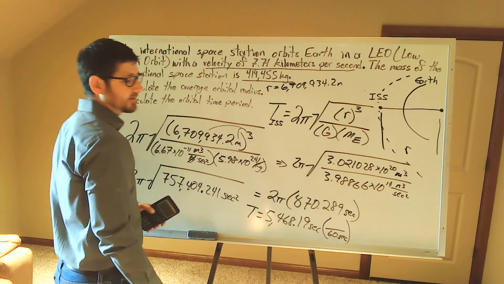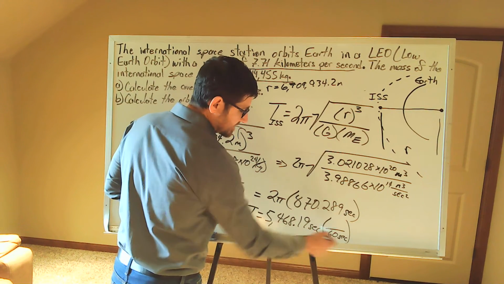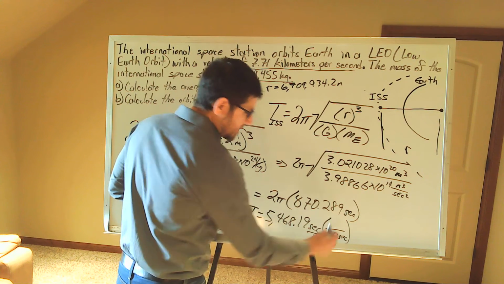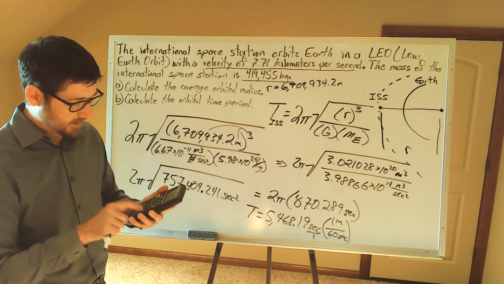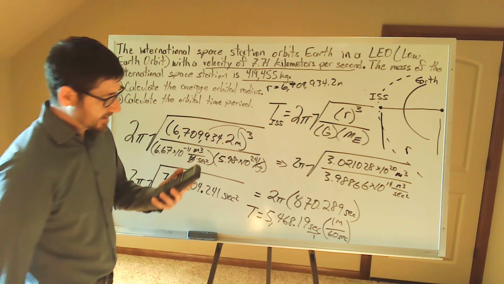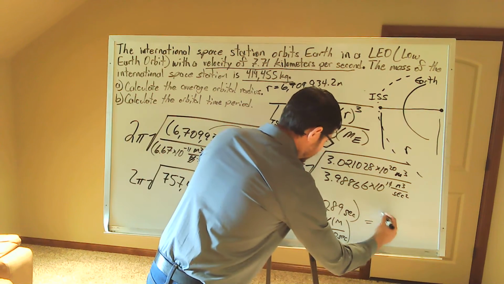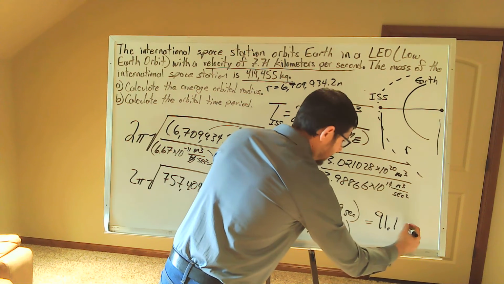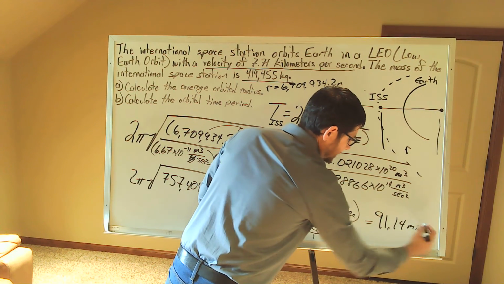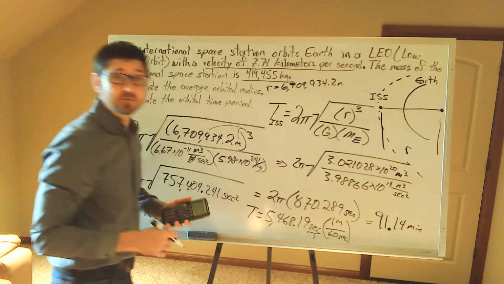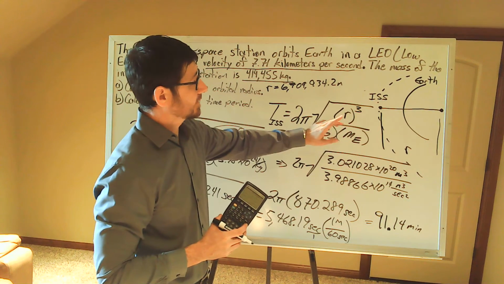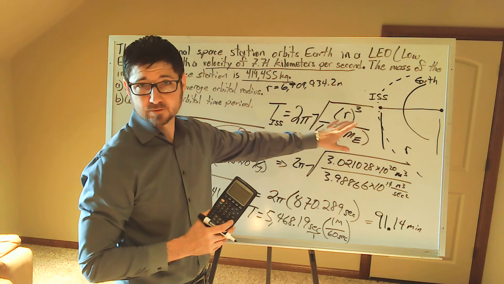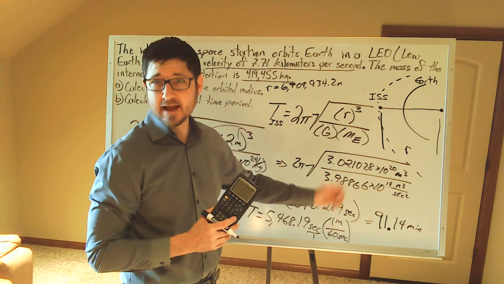I'm going to put that in the denominator, so my units of seconds will cancel out. And we have 1 minute for every 60 seconds, so I'm going to divide this by 60, and this gives me 91.14 minutes.